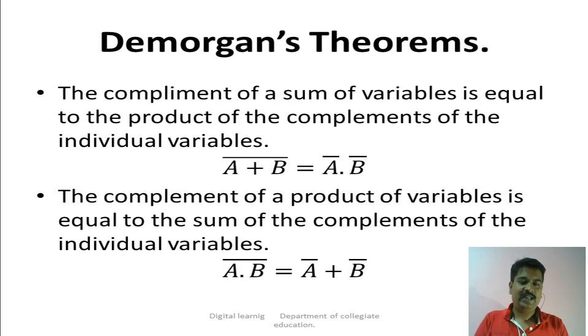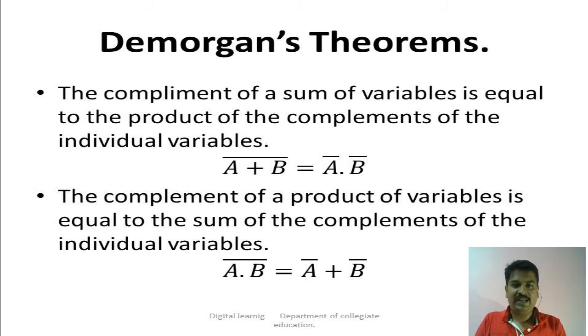If you do that, that will be equal to first doing the inversion of one input and then doing the logical multiplication with the other input which is again inverted. Okay, so that way we analyze the first De Morgan's theorem.